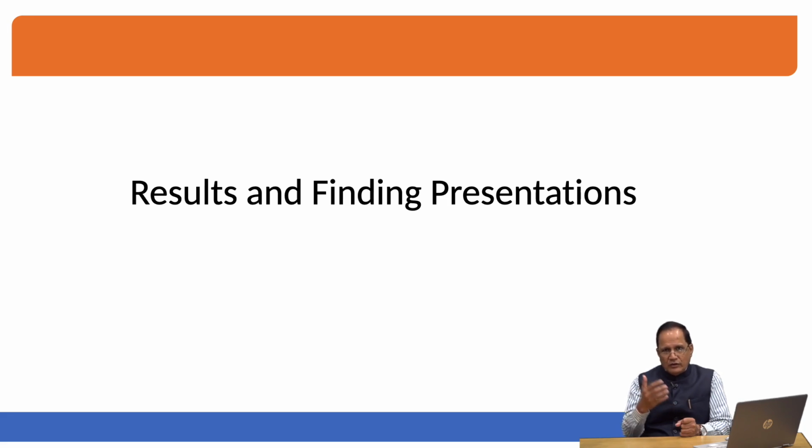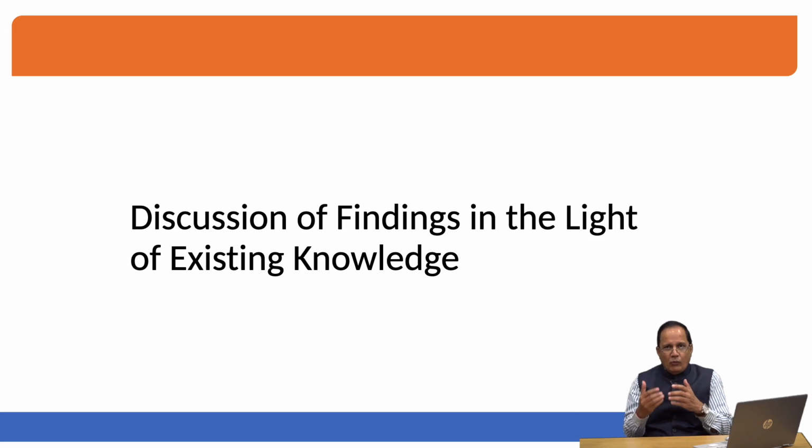The major two are the descriptive and the inferential statistics. We will interpret the data, and then the interpreted data will be discussed in the light of existing knowledge to authenticate and verify the findings, and these authenticated findings will be presented in the report. So, now let us discuss how we can write the research report.